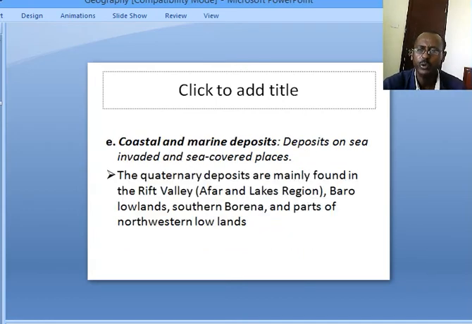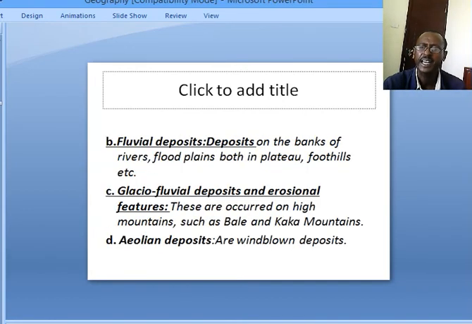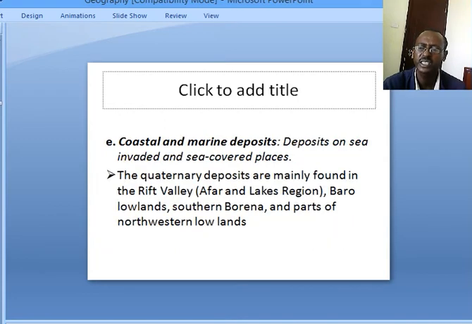Aeolian deposit, the fourth one, is a deposit that has resulted because of wind. If wind brings sediments and deposits them in some area, or wind-blown deposit, we call it aeolian deposit. So these different namings are given in such a way.